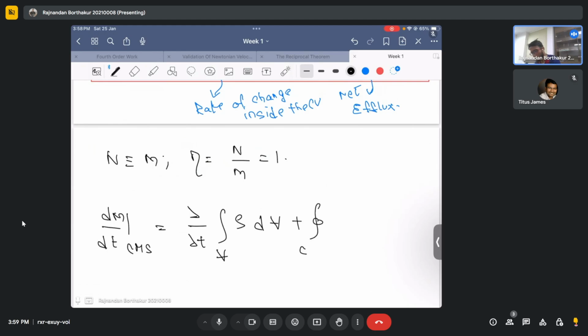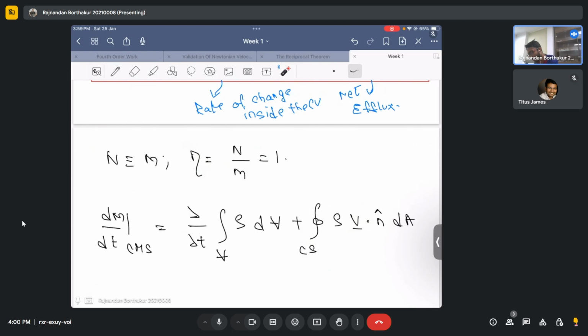This means that I am doing a closed surface integration over the entire surface, denoted as a circle on the integral. It becomes rho times v dot n cap dA, where v is the velocity at which the mass enters the control volume, and n cap is the unit normal of the area that we choose.